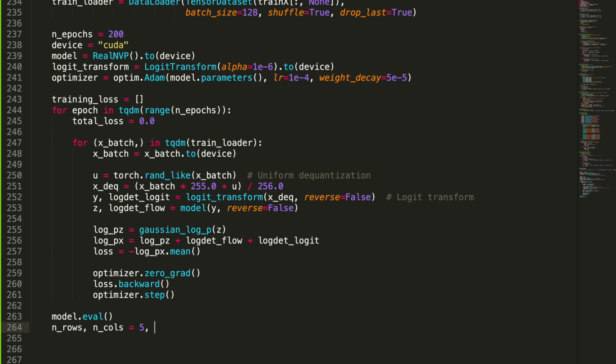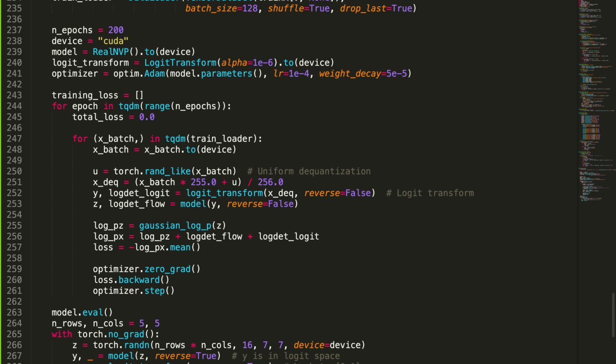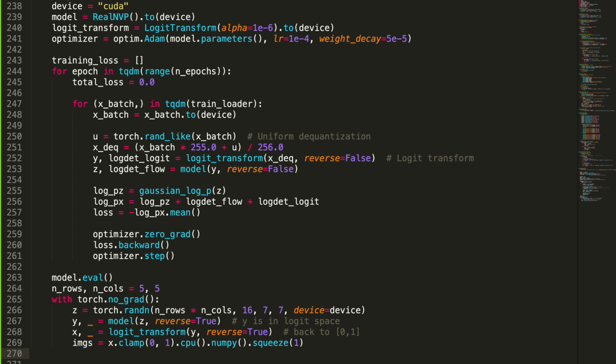At the end, we can do the evaluation. Because of this batch normalization, it's very important to put the model in evaluation mode before doing inference. So we put the model in evaluation mode and we generate 25 images. When we are done with going from the latent distribution to the data distribution, Y is still in logit space, it's not yet in data space.